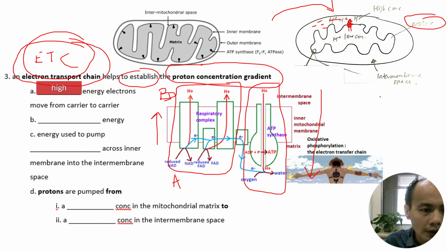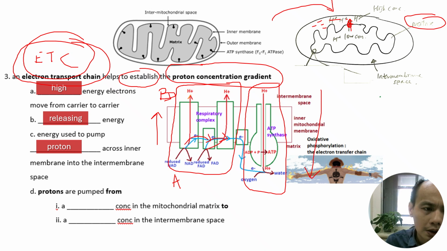Okay, continue. High energy electrons move from carrier to carrier, from one carrier to another, releasing energy. The energy is used to pump the protons across the inner membrane into the intermembrane space.